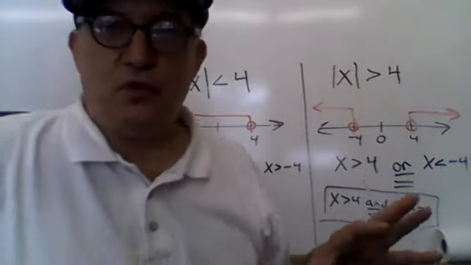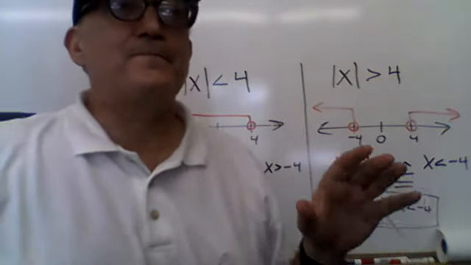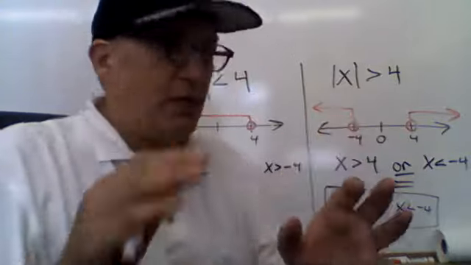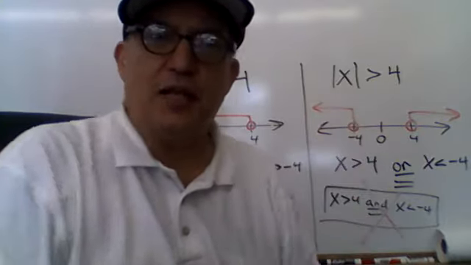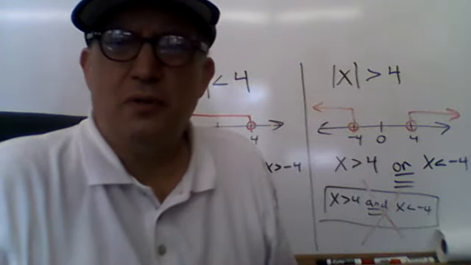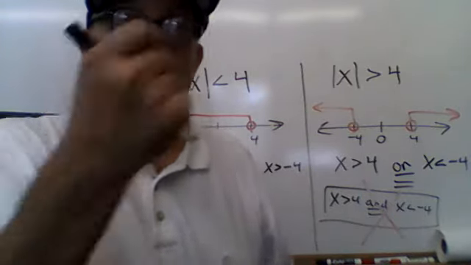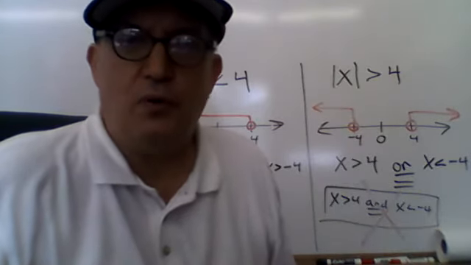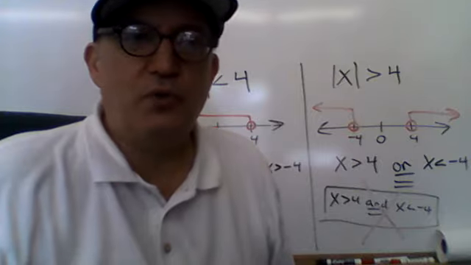I'm not trying to confuse things, but if you were to say X is greater than 4 and X is less than -4, are there any such numbers? Are there any numbers that are both greater than 4 and at the same time less than -4? The answer is no. That's why we have to use the word or.